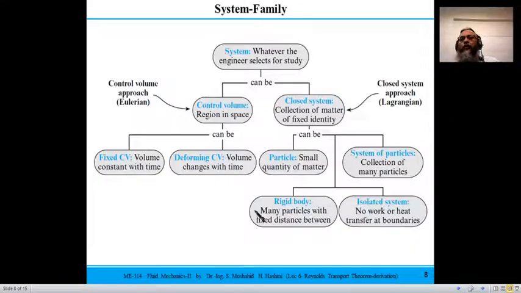So there are different approaches of studying, and this picture gives you the whole set of approaches which is useful in understanding systems.